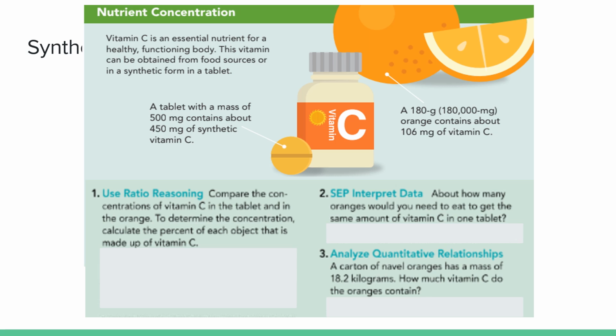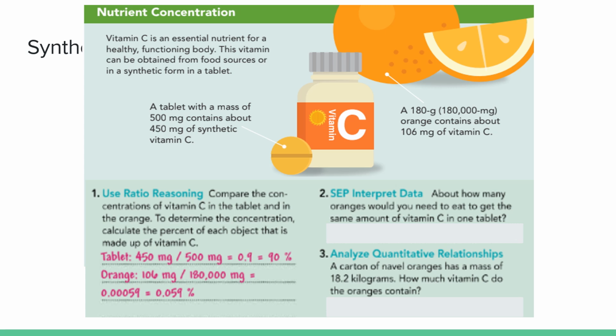A tablet with a mass of 500 milligrams contains about 450 milligrams of synthetic vitamin C. A 180 gram orange contains about 106 milligrams of vitamin C. So we're going to compare the concentrations of vitamin C in the tablet and in the orange to determine the concentration. Calculate the percent of each object that is made up of vitamin C.